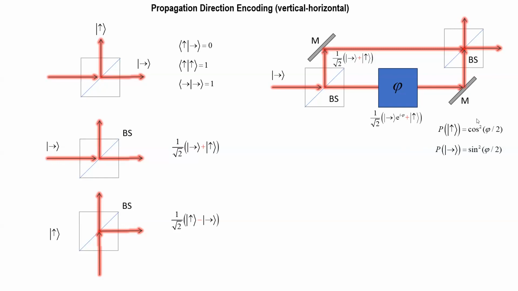All right, so we calculated the probabilities in that part and found that the probability of finding the vertical photon and the horizontal photon depends on this phase phi of this P gate. Okay, so if I change this phi, the probability changes from 0 to 1 and then to 0 again.